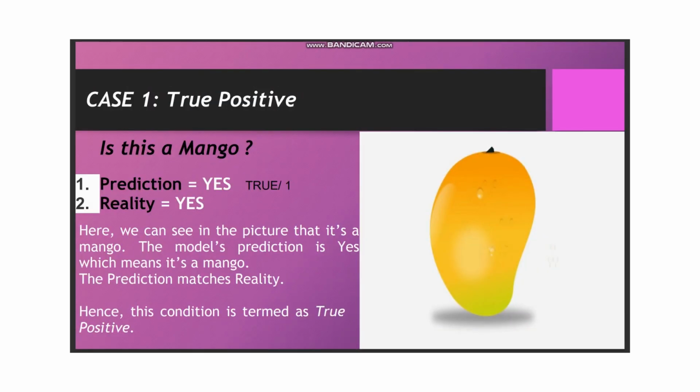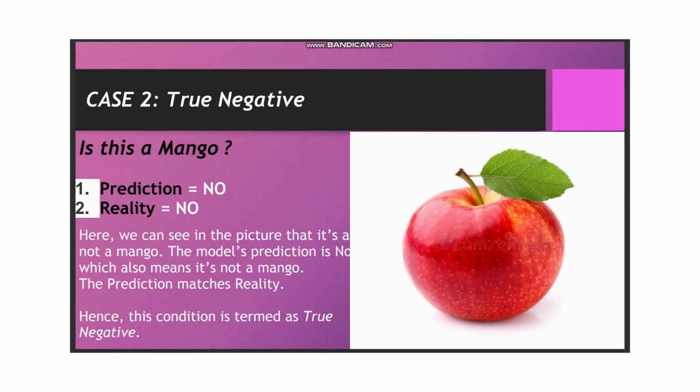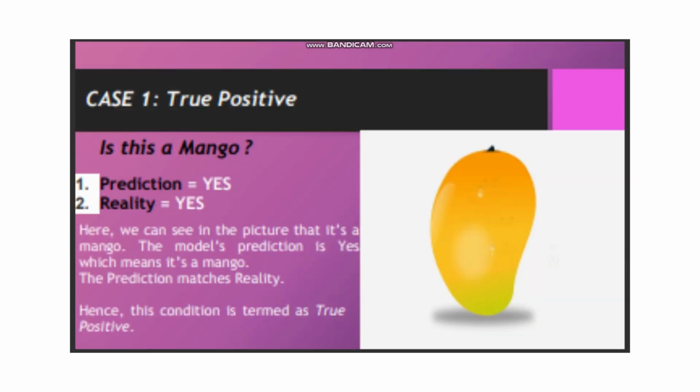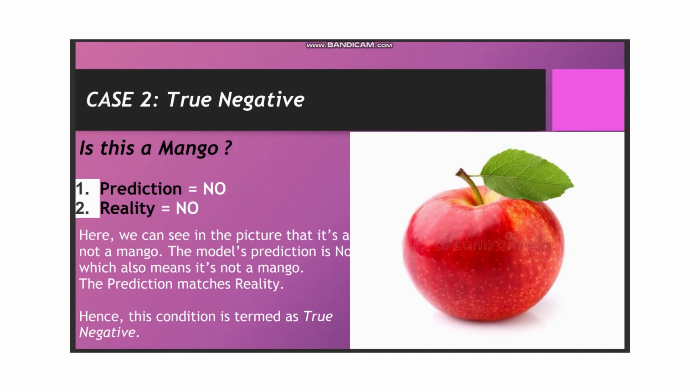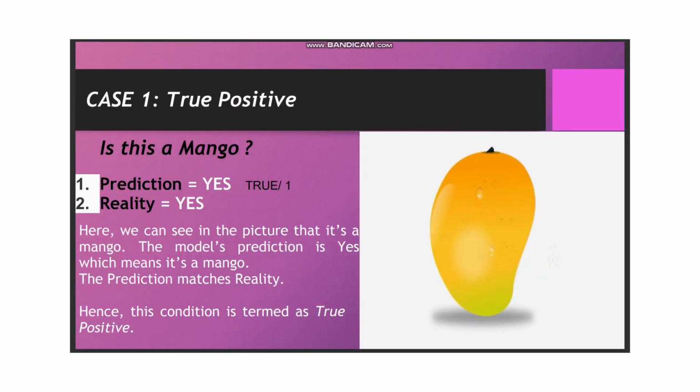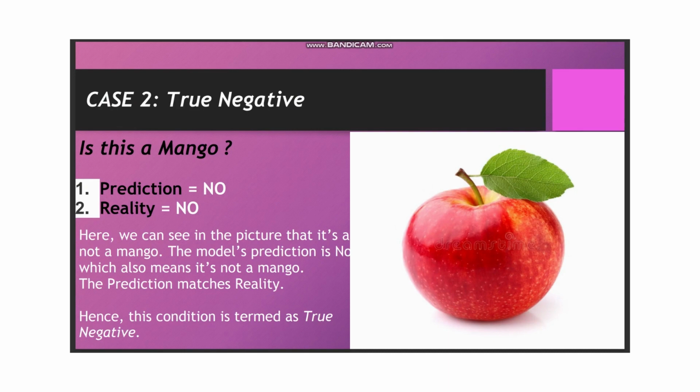I repeat, when both are the same, whether both are true or both are false. In both scenarios, when prediction and reality are the same, true will come as the first word. Now let's understand positive and negative. Positive will come when prediction is true and negative will come when prediction is false. I repeat, positive will come when prediction is true and negative will come when prediction is false.